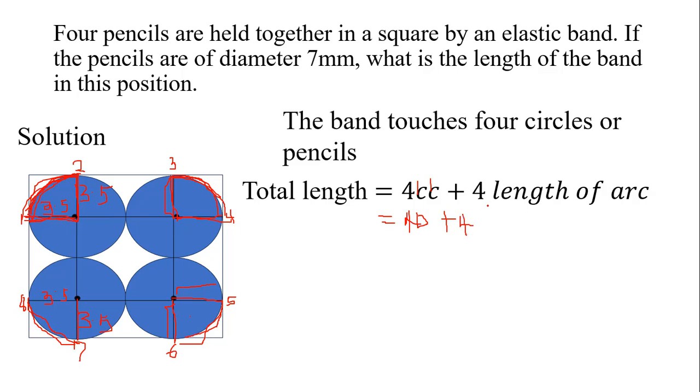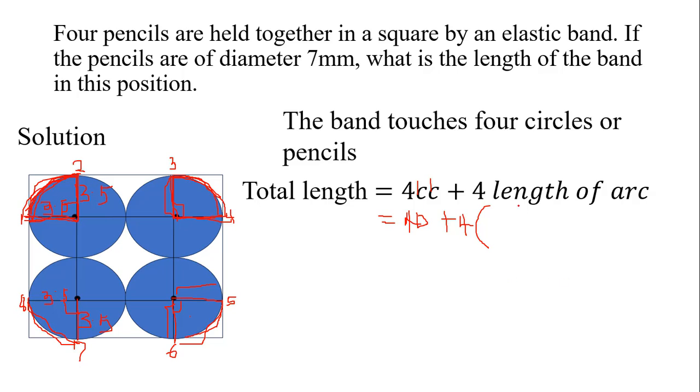Finding the length of an arc means that we need the angle subtended by the sector. The angle subtended here is 90 degrees. So I'm having 90 degrees here, 90 degrees, 90 degrees, 90 degrees.